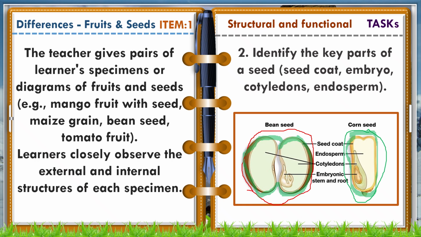Then when we come to the embryo, it is made up of the plumule and the radicle. That is what we call the embryo. That is the embryo for the bean seed. And this part here is the embryo for the corn seed or maize seed. Then we need the cotyledon. The cotyledon is this layer inside for the bean seed.